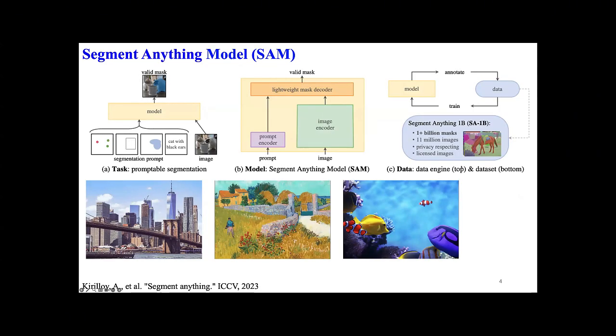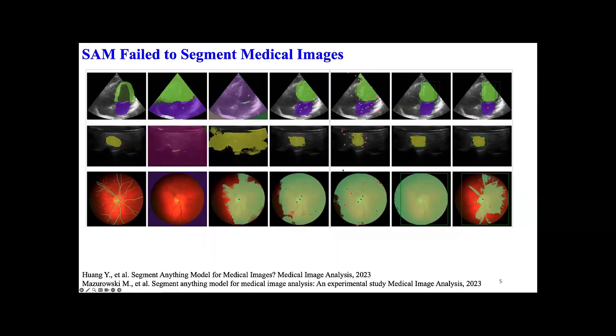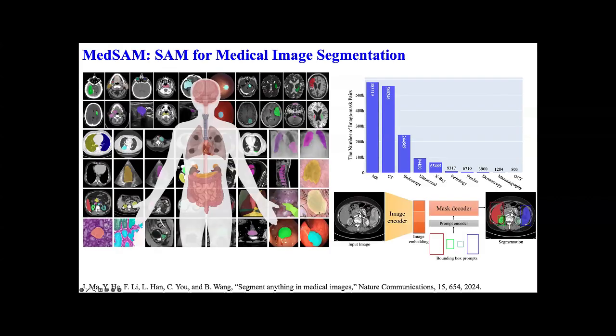SAM has revolutionized promptable segmentation with a unified task, a modular network, and a large-scale dataset, achieving strong generalization ability across various domains. However, many studies have shown that SAM failed to segment medical images. This is not surprising because SAM was trained on natural images.